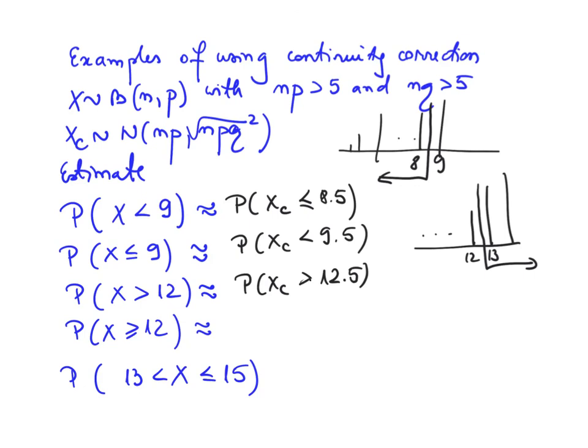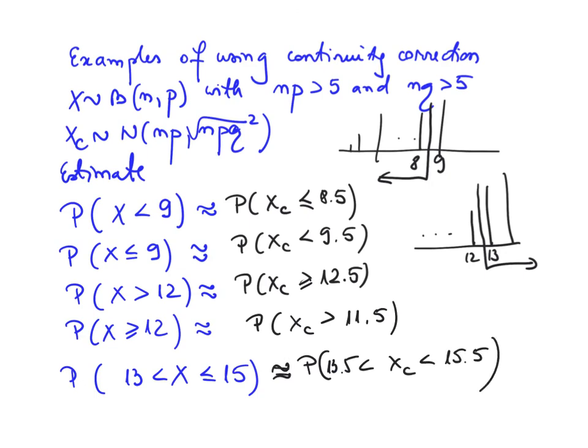Now in the next question I want to include 12 as well. So that's going to be the probability of xc bigger or equal than 11.5, so that I include 12. How about this one? If I don't want to include 13, then I need to start from 13.5. If I want to include 15, then I need to stop at 15.5.